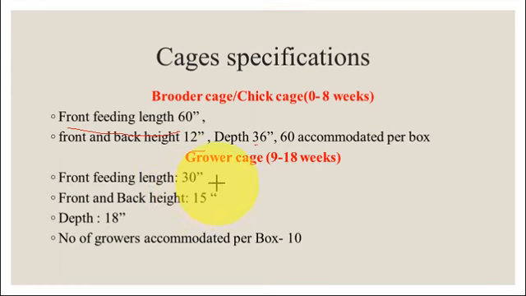Front feeding length is 60, front and back height is 15 inches, depth 18 inches. Here, when front and back height are equal, the slope is not required. Why? Because growers do not lay any eggs. Here per compartment 10 grower birds will be reared.